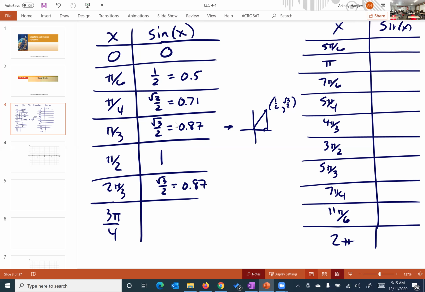0.87. See, those on the left-hand side of the room, you might just be able to do the work without doing the work. So Grace, next one, sine of 3 pi over 4. I got 2.36, but my calculator might be. Ooh, yeah. Let's see. So sine functions should not go beyond 1, right?